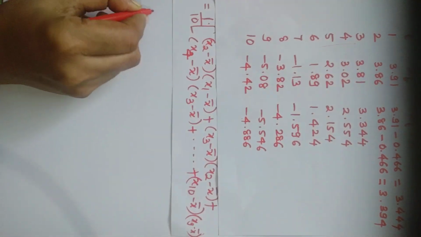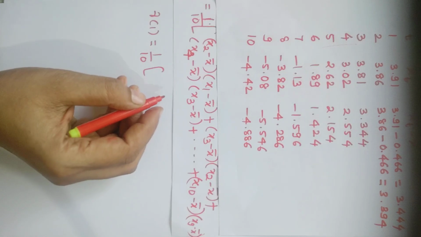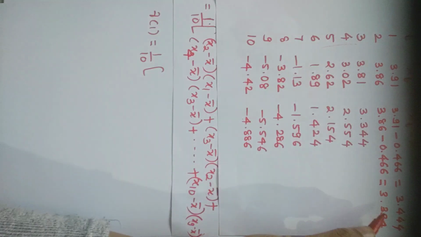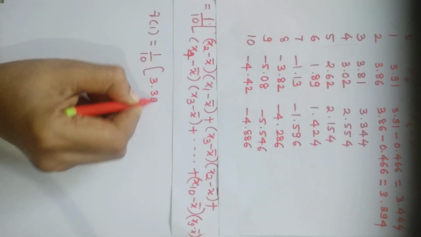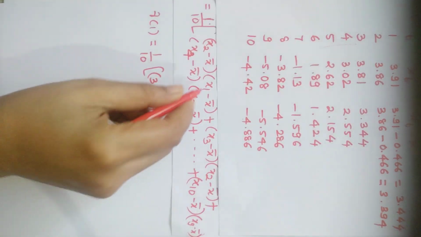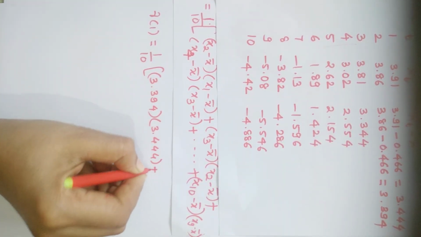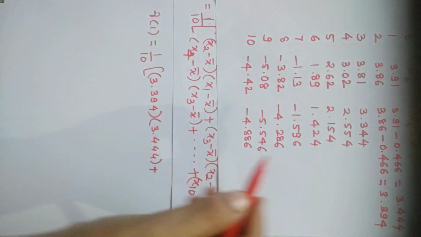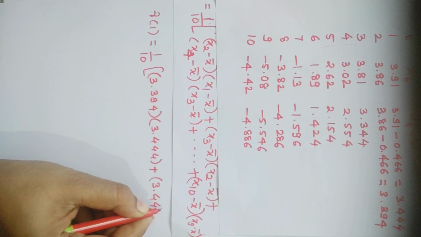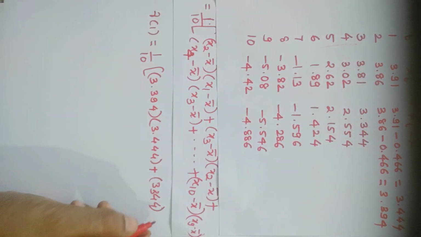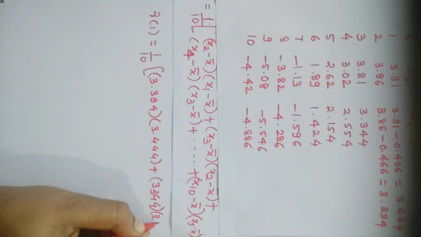So here substituting, gamma 1 is equal to 1 by 10, x2 minus x bar is 3.394 into x1 minus x bar is 3.444, plus x3 minus x bar 3.344 into x2 minus x bar, that is 3.394.